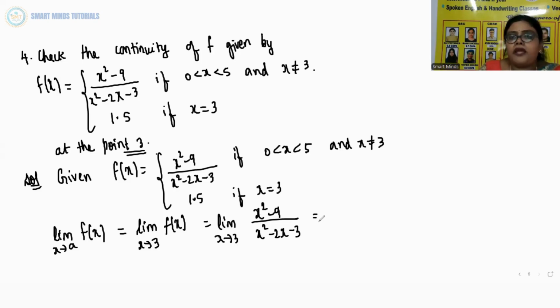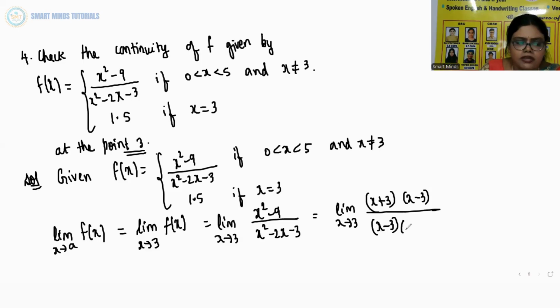So we have to apply the concepts of limits. So we have to factorize numerator and denominator. So x square minus 9, you can write x plus 3 into x minus 3. And this denominator, if you factorize, you will get x minus 3 into x plus 1. So these two get cancelled. You get limit x tends to 3, x plus 3 by x plus 1.